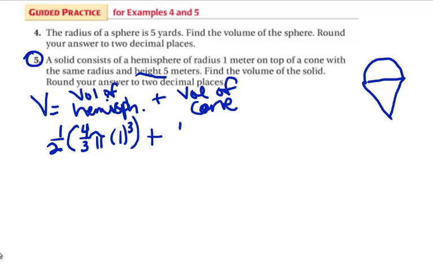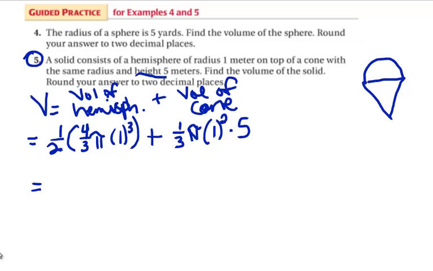Now the cone volume was, and that was from a previous slide, 1/3 pi times 1, which is the radius, squared, times the height of the cone, and the height was 5 meters. Okay? I hope you're all with me for right now.